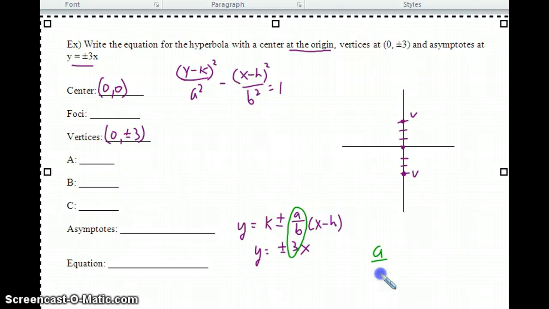So if a over b is equal to 3, make that a fraction, and you would find then that b would be equal to 1. So my b value would be 1 here for this problem, which means then that I would be moving over 1 from here to get the box for this hyperbola.